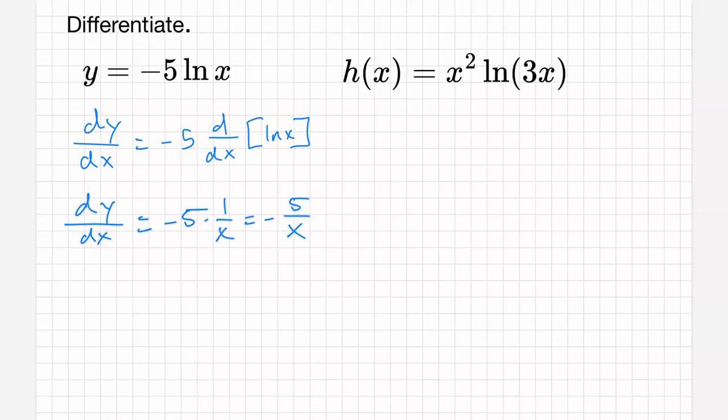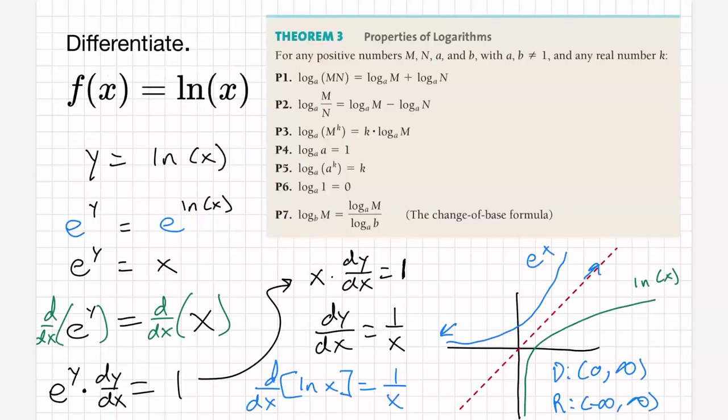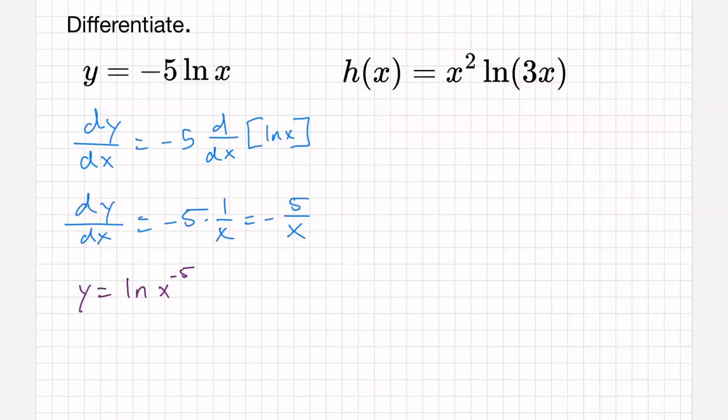Now, one thing I do want to point out here is use your properties of logarithms. Technically, we could write this as x to the -5th as an exponent. So if we go back over there, anytime you have a constant multiple, it's not even on this list. But this is one of the properties of logarithms, that these things actually have the same value as far as functions are concerned.